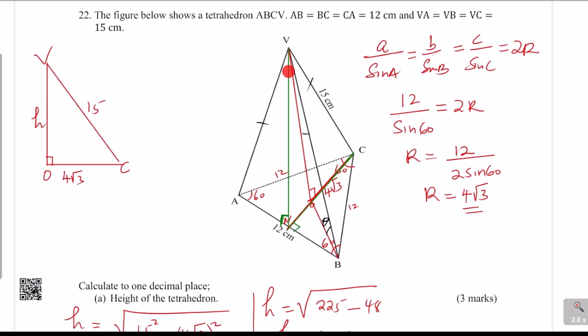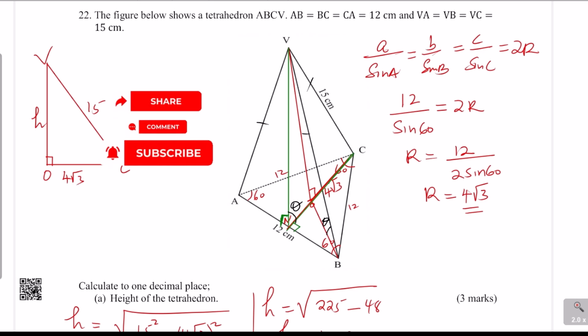Draw a perpendicular from V to this point, the mid of AB, to meet this line AB at 90 degrees. Then draw the other perpendicular from the other plane, this point C, to the mid of this line. So where the two perpendiculars are meeting, this is the required angle.